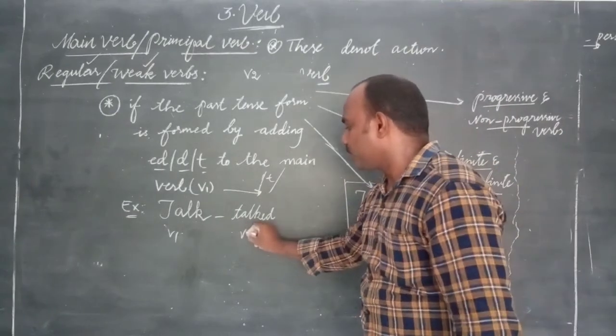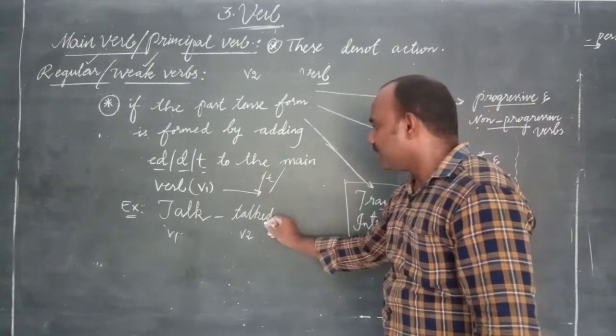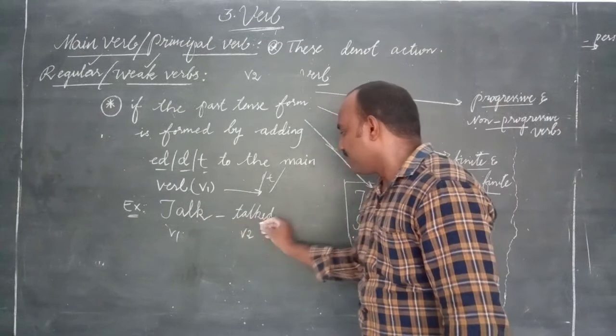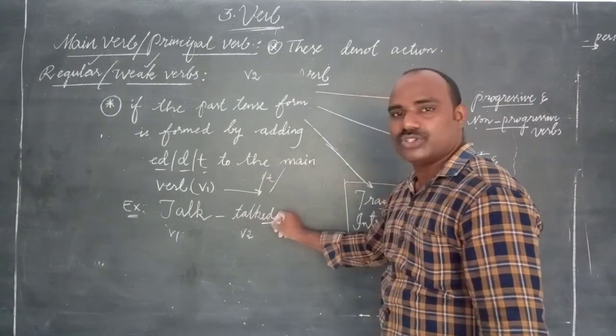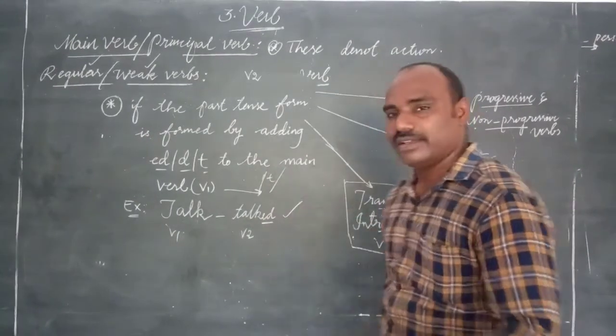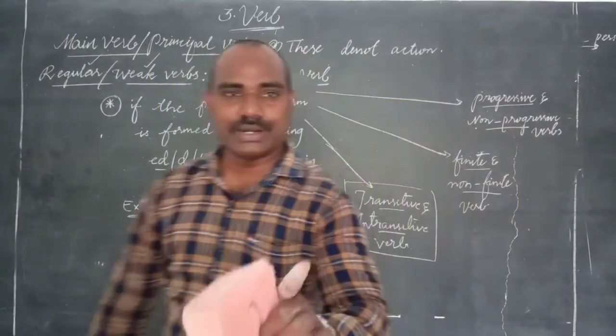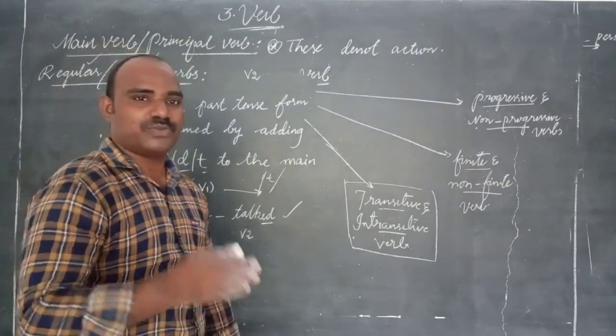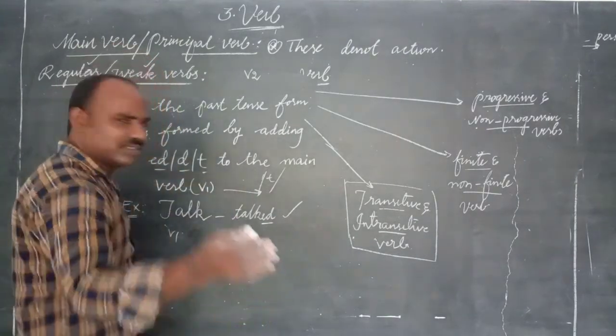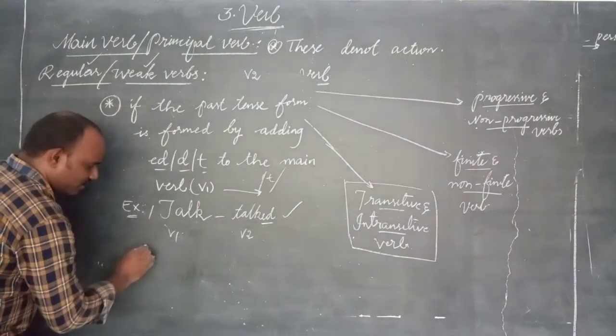See, this is V2, the past tense form. Here the past tense form is formed by adding ed to the main verb. Then it can be a weak verb or regular verb. This is the regular way of forming past tense forms from present tense forms.